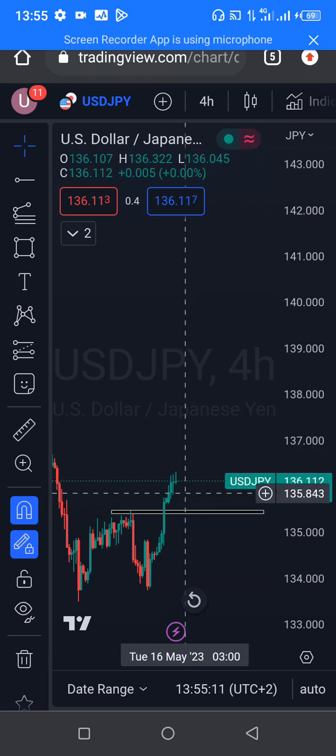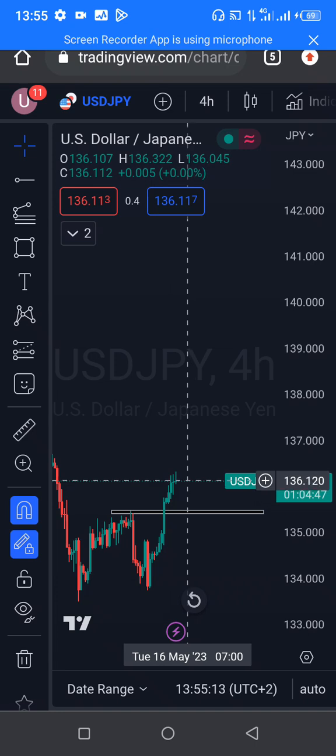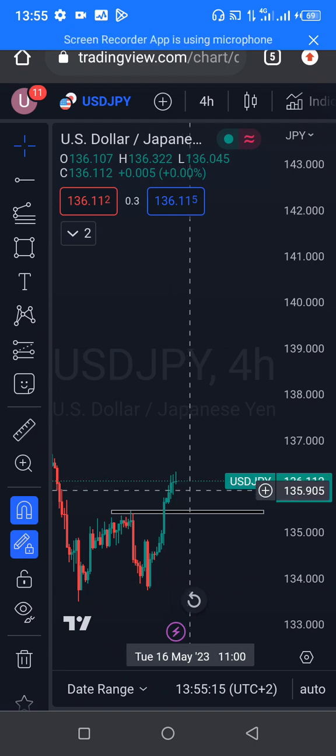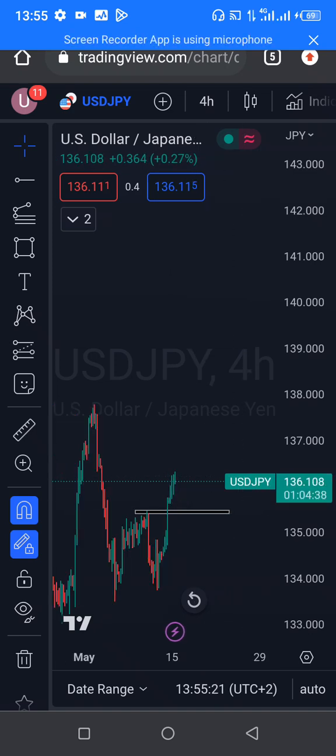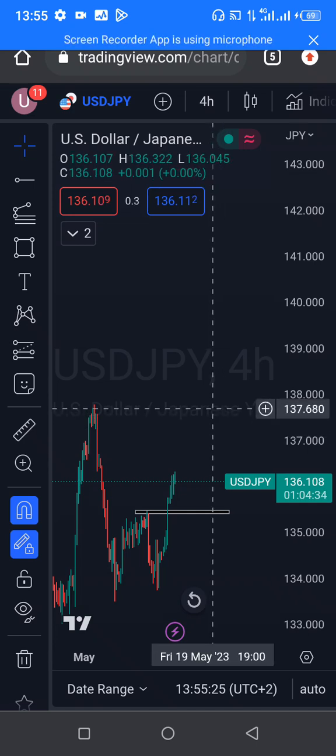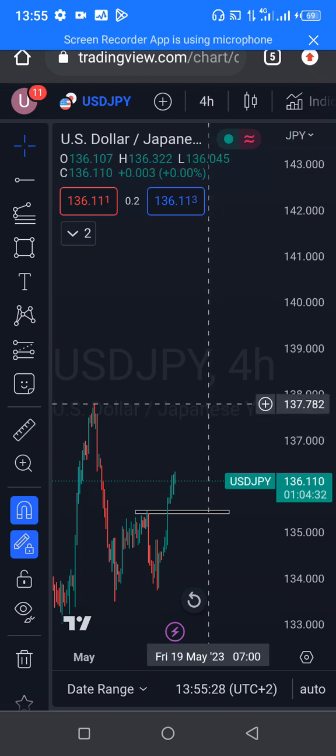So I'm going to expect the price to come back here for a pullback out to our TP. My TP is going to be here, to this point here, 137.